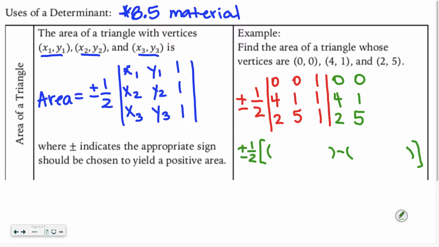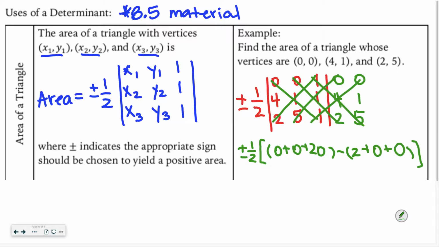Kelly, what are you getting for your determinant? 18? That sound right? Because we should have 0 plus 0 plus 20, right? Minus the quantity 2 plus 0 plus 0. Those should be your numbers.